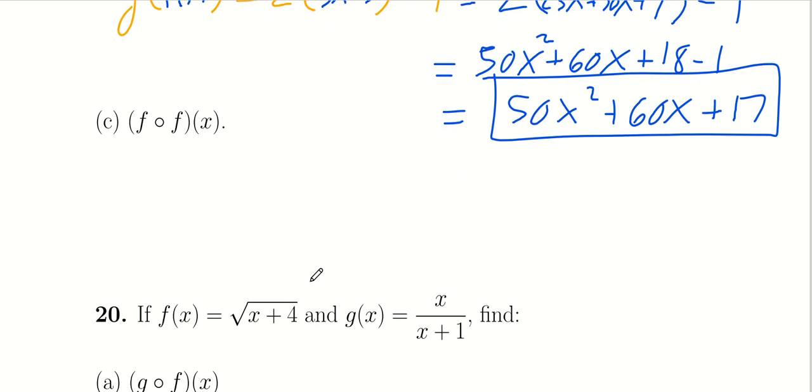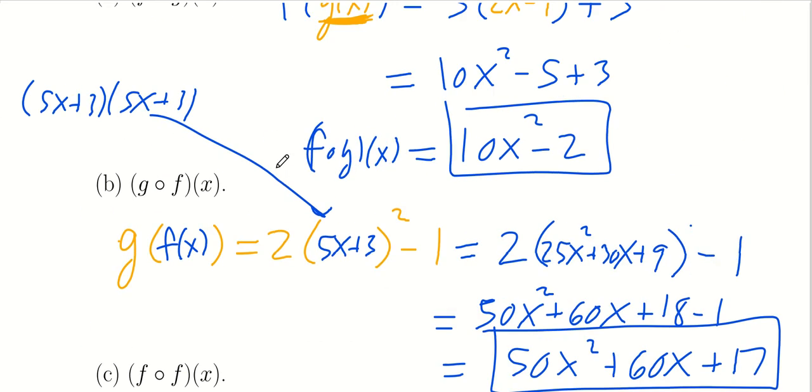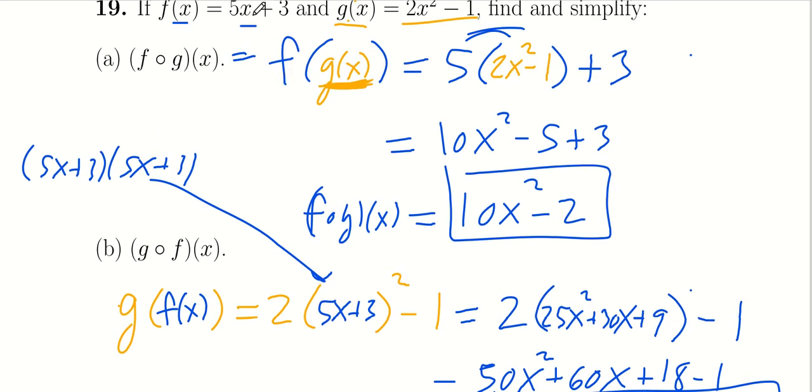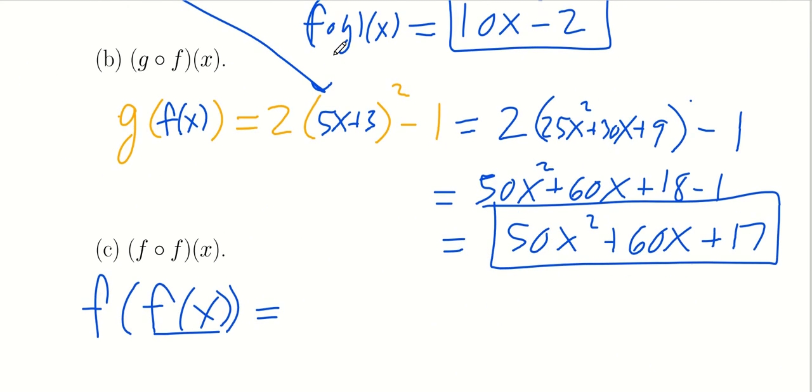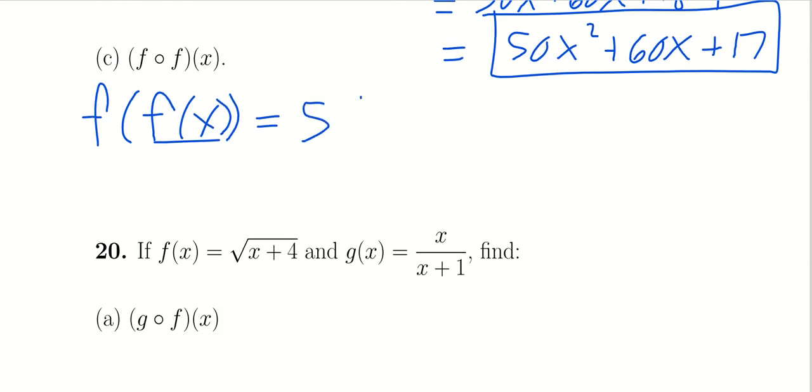We have one more, which is fun. This is f composed with itself. So let's take f of x. So the outer function is f. F of x tells us to take our input, multiply it by 5, and add 3 to it. So 5 times input plus 3. It just so turns out that what we're plugging into this function is itself.